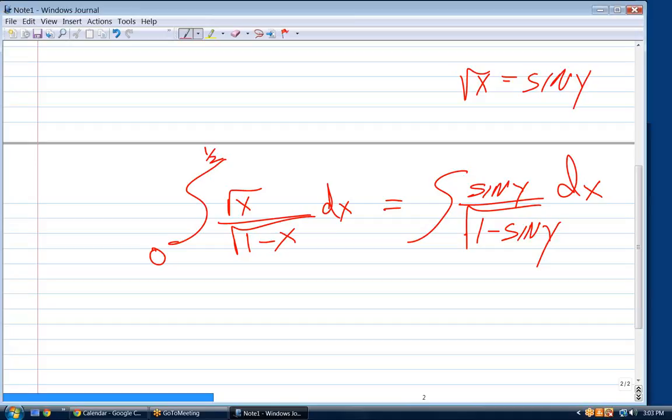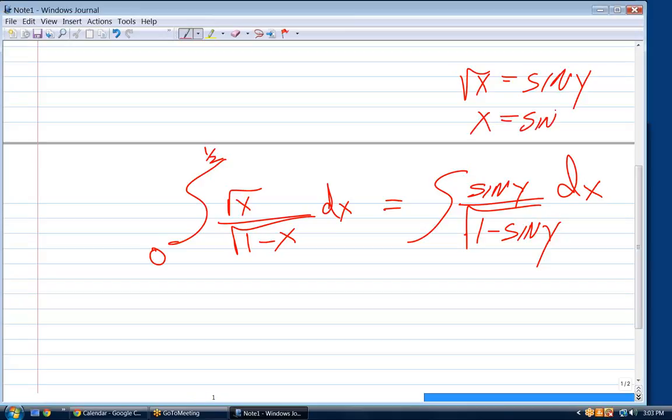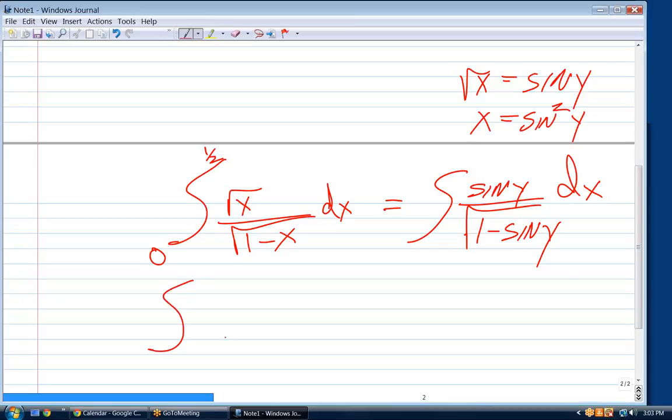I think we kind of went over it in class, and I just wasn't very sure on it. Essentially, since square root of x is equal to sine y, we had to square it to get x by itself, and we plugged that into x. Okay. So that's true. And from that, what did we do?